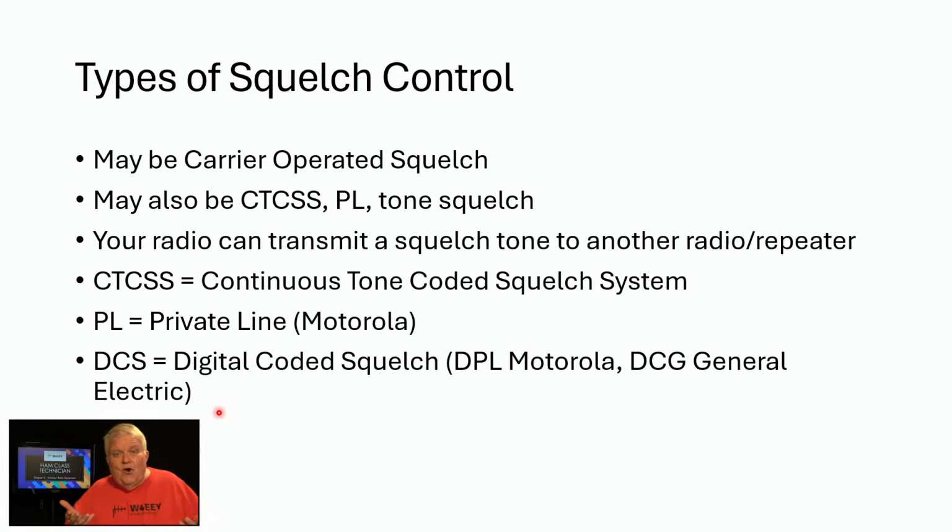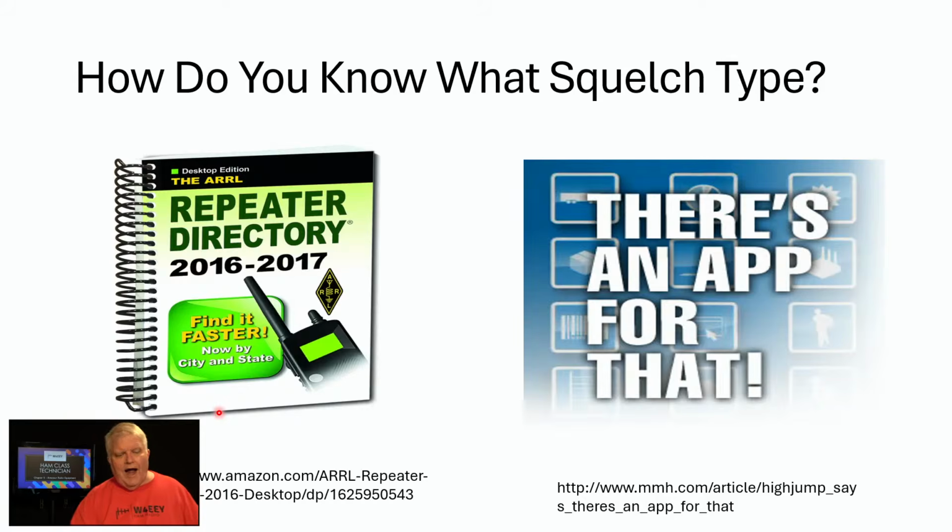Well, how do I know how to program my radio to get all this information? Well, there are repeater directories you can find at hamfests. Somebody was commenting they might go to the Dalton Hamfest this weekend. There'll be a vendor there selling repeater directories, so you can get a book. There's also apps. One that I like is RepeaterBook. It's a free app for iOS and for Android. They also have a website, repeaterbook.com.